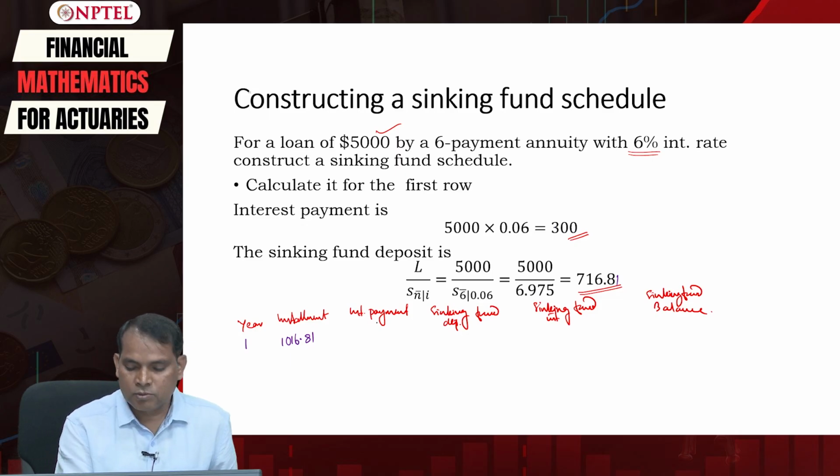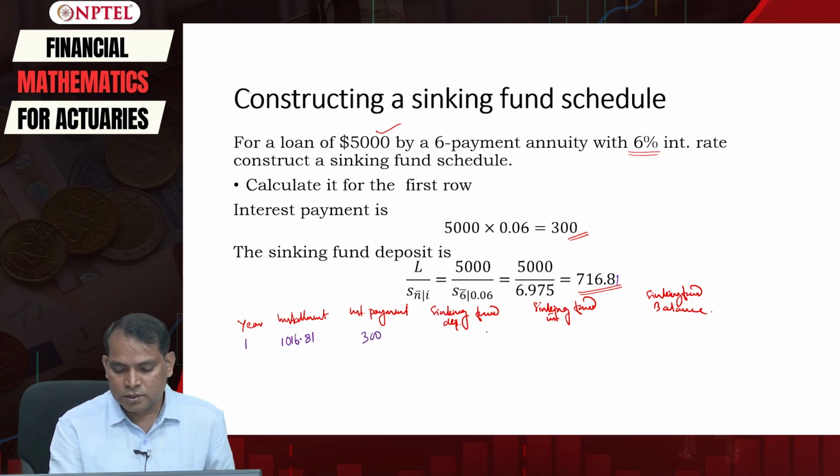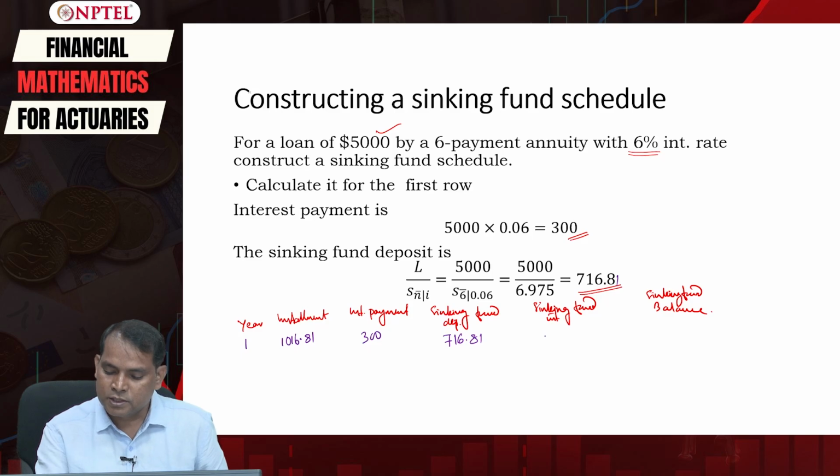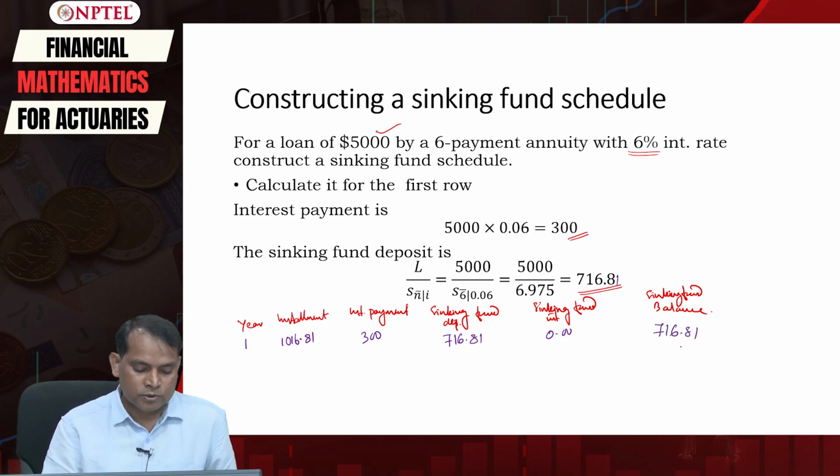The interest payment, as you have already computed here, is 300. The sinking fund deposit is 716.81. The sinking fund interest initially will be 0, and the sinking fund balance is the same as 716.81, right.